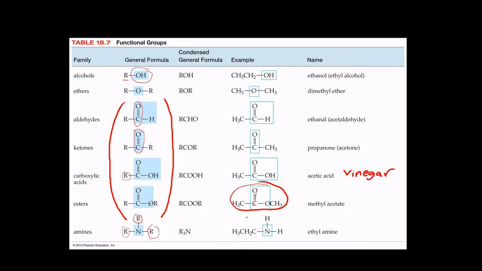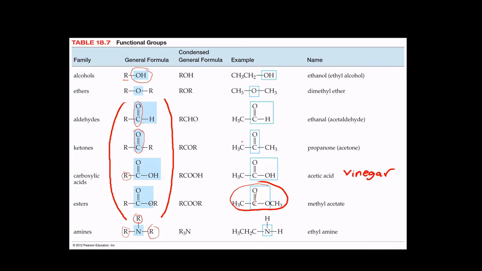Alright, so these are the 7 most common functional groups that you'll see in organic chemistry. I want you to be able to identify these. So if I give you a Lewis structure, or something similar to a Lewis structure, something like this.